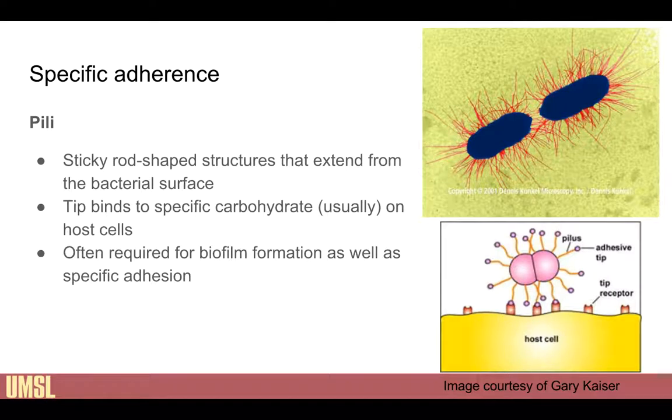Which is basically what you're doing in biofilm growth. So the first mechanism of specific adherence that I wanted to cover is through the use of an extracellular protein structure that many bacteria make called pili, which is the plural for pilus. And these are sticky, rod-shaped structures that extend from a bacterial surface. There are some very famous pictures that you can search and find online. These are E. coli cells that are producing fimbriae.